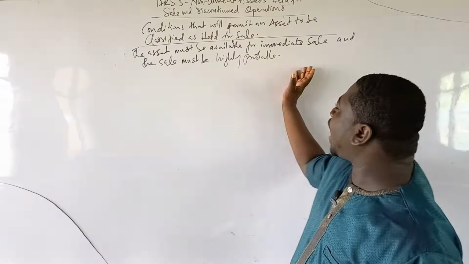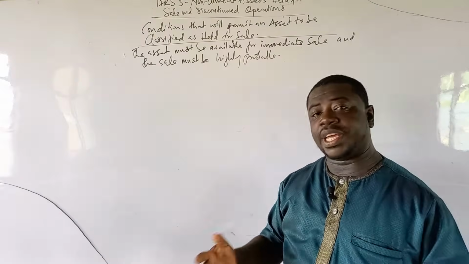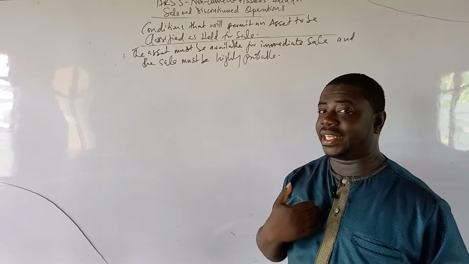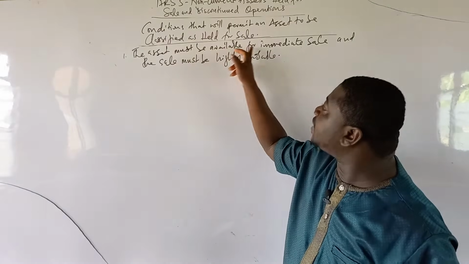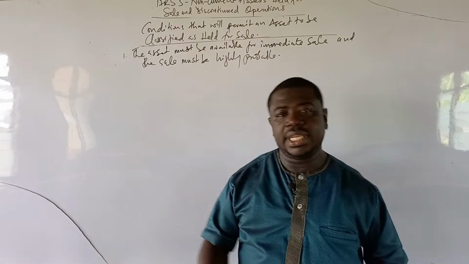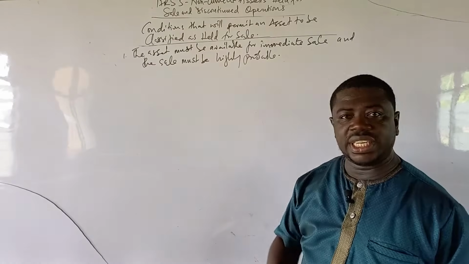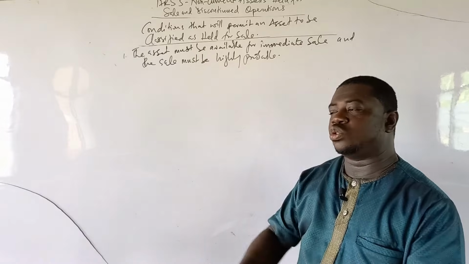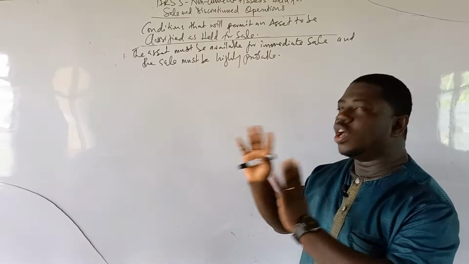So as for high probability or low probability, we can say it's relative. Okay, it depends on what you think or I think is high or low. But at least once it's available for immediate sale, then it's likely that there is a high probability of sale. So that is the first condition that will permit you to classify a particular non-current asset in your book as held for sale.